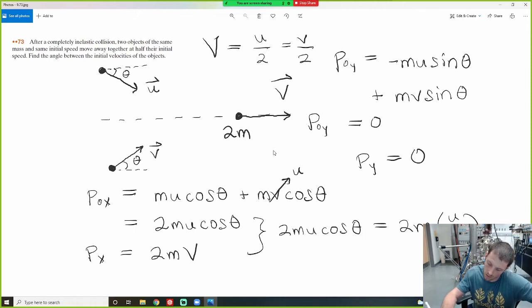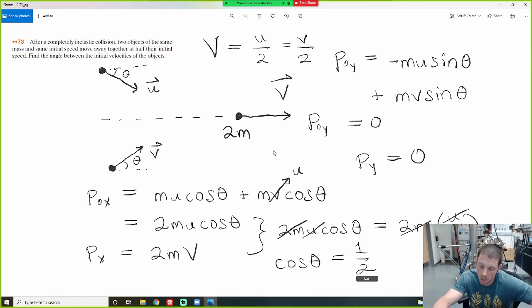Now we get a good amount of cancellation here. This 2m cancels, this u cancels, and we find our equation just says that cosine of theta is 1/2.